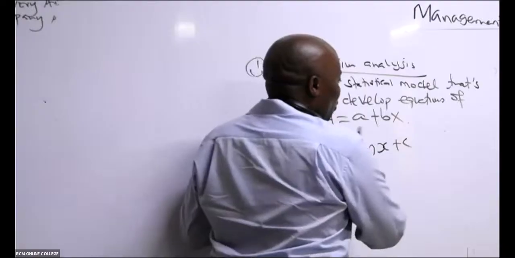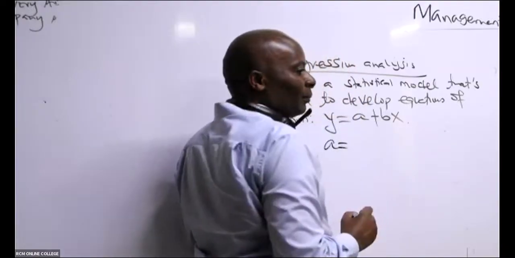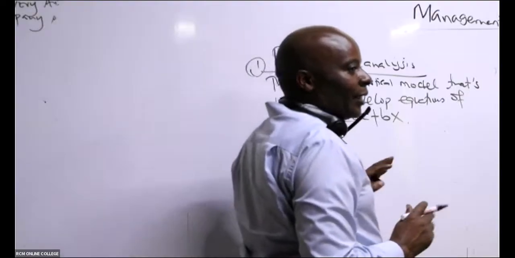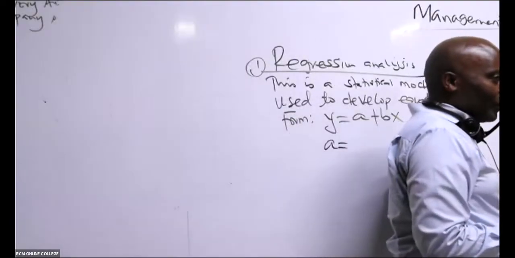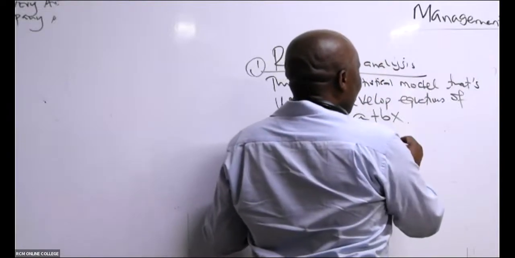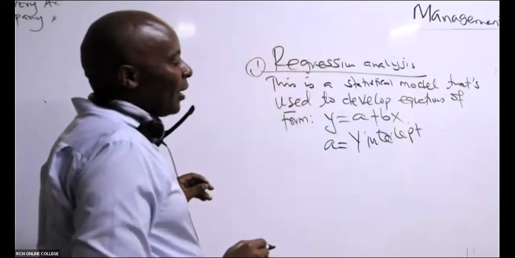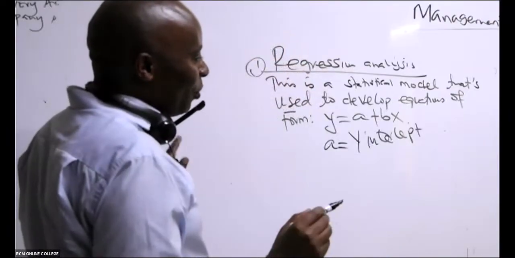y equals a plus bx. What does a stand for? In terms of cost, it will be fixed cost. But in a general straight line, this a stands for the y intercept, in the form of a straight line. That's a normal straight line.